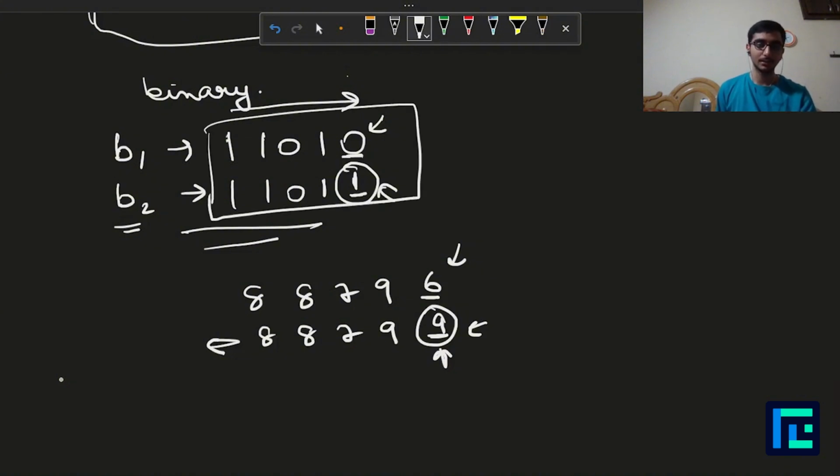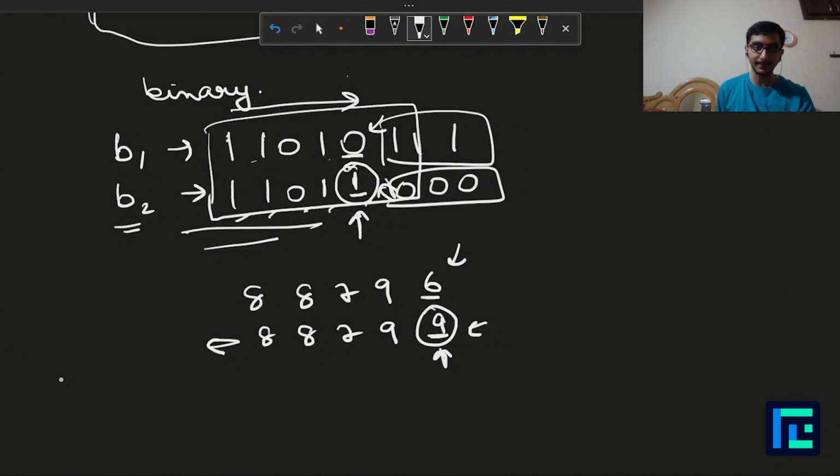So let's say the value was 11010111, and this value was 11011000. No matter that these three values are 1 and these three values are 0, because at the first position that they differed, this value had a 1 and this had a 0, this means B2 would be greater than B1, and we don't need to consider the next values. This is when we are going from left to right.